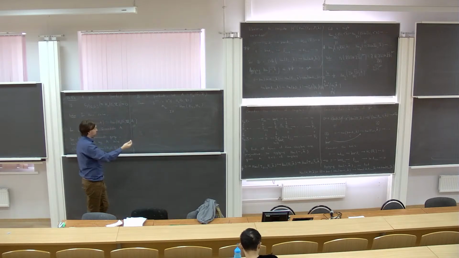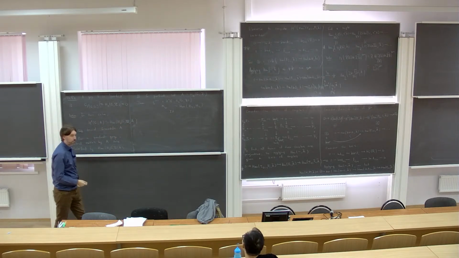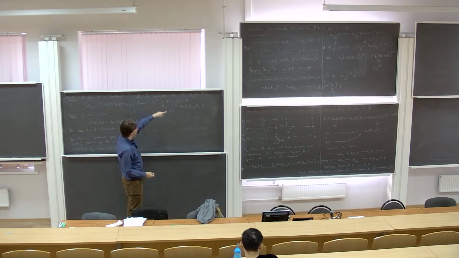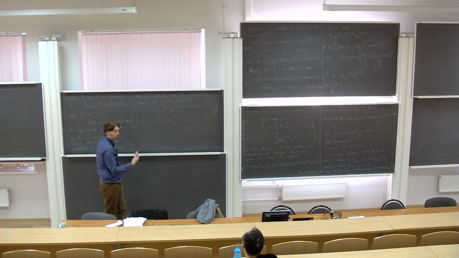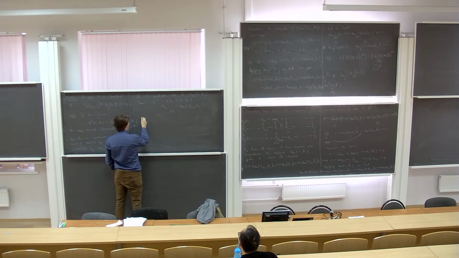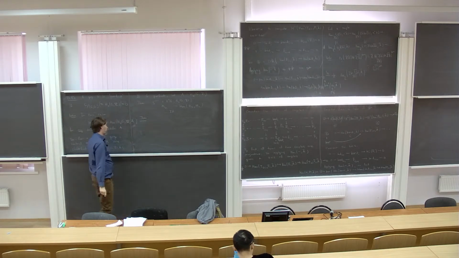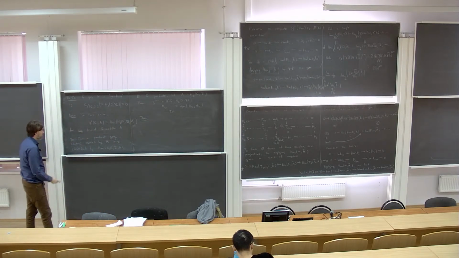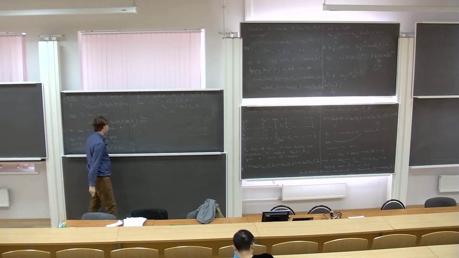There's some special element that exists in the case when G is perfect under this isomorphism, some kind of universal special thing. And why is it universal? So, theorem. This is the so-called universal central extension of a perfect group.